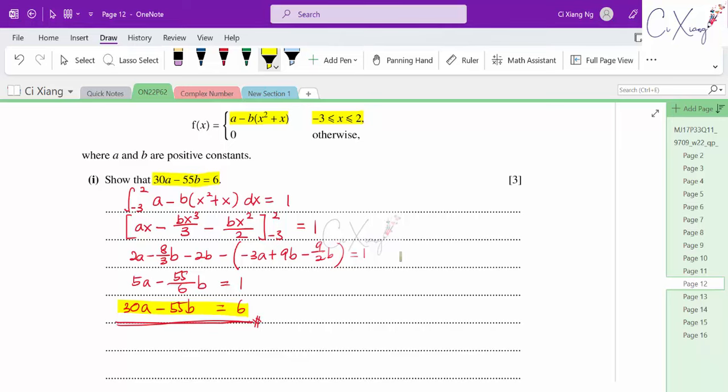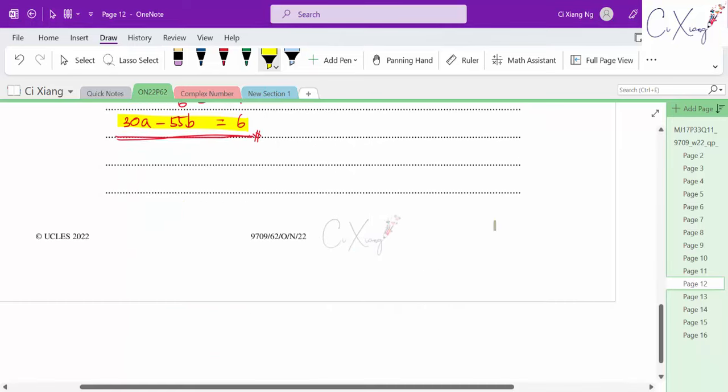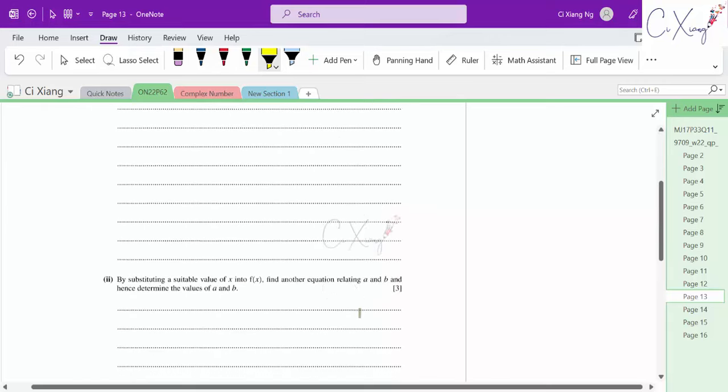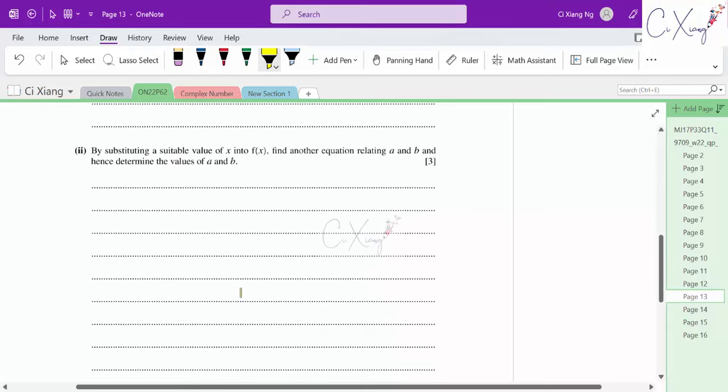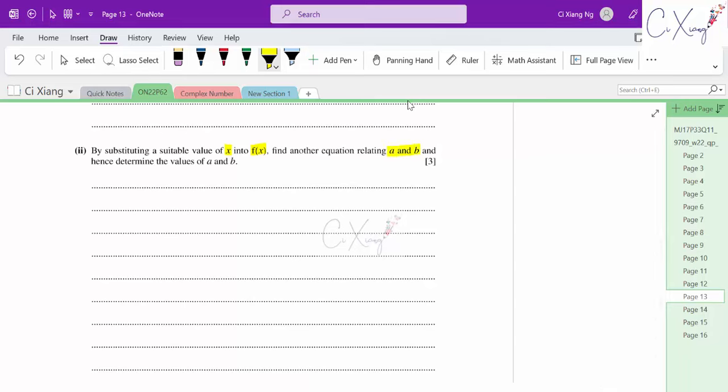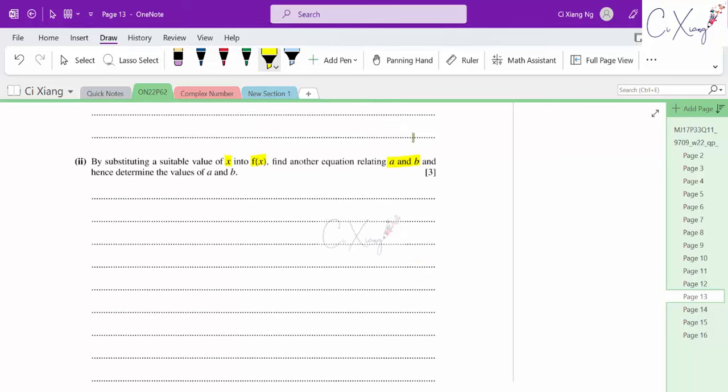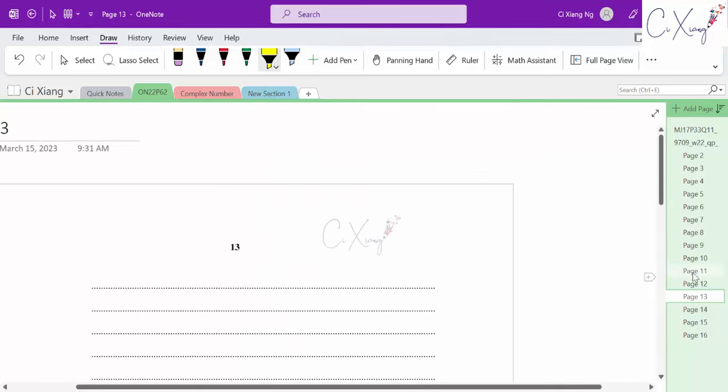Okay, and now let's proceed to the next part. For the next part, they are saying that by substituting a suitable value of x into f(x), find another equation relating a and b, and also determine the values of a and b. So we need another equation so that we can solve simultaneous equations with the first one just now.